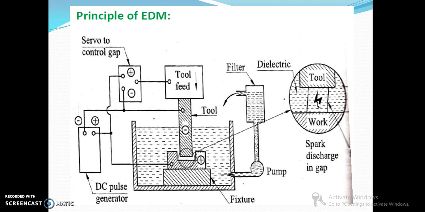The melted metal cools and solidifies as tiny particles in the dielectric. The metal is carried away by the circulation of the dielectric by means of a pump, and the process continues.